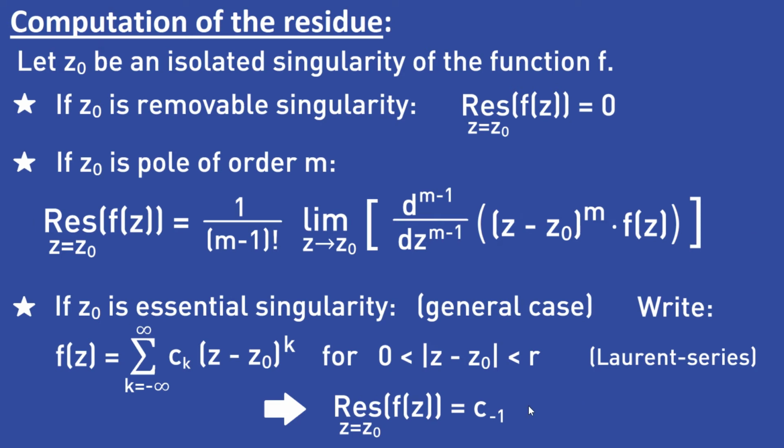Right now, I don't have a video about Laurent expansions of functions here on my channel, but in most cases you will have to deal with poles of order m and removable singularities anyway. So don't get too confused by that last case of an essential singularity. We will mainly focus on poles of order m.